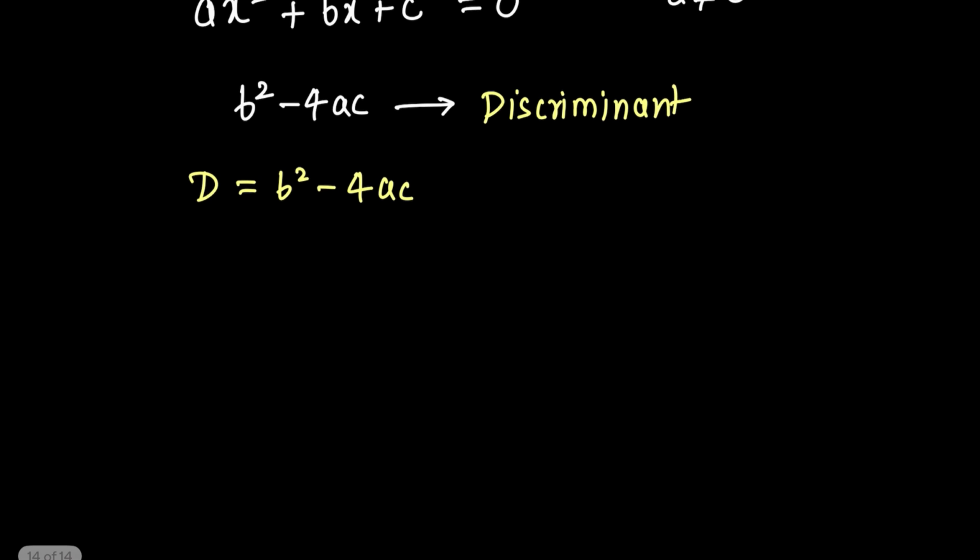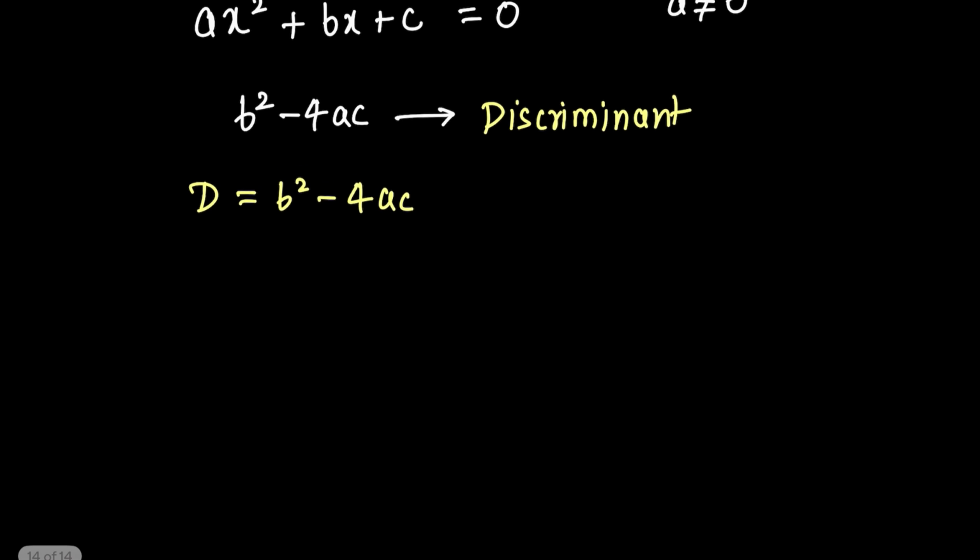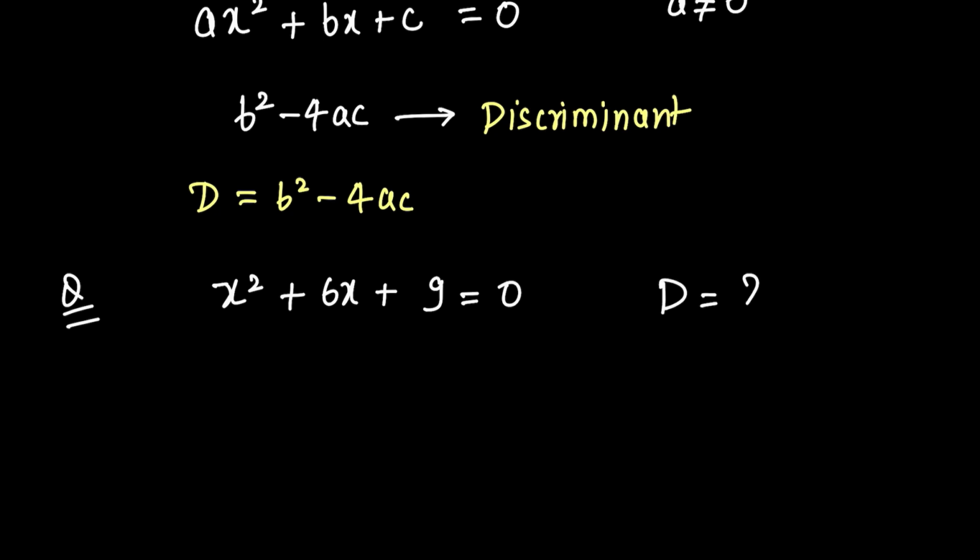Now they'll ask you, calculate the discriminant of the quadratic equation that is given to you. For example, this is the quadratic equation, x square plus 6x plus 9 equal to 0. Here you have to find the discriminant, okay? Tell me what its discriminant will be. So the formula here is b square minus 4ac. All right. So here value of a is 1, right? a is equal to 1, b is 6 and c is 9.